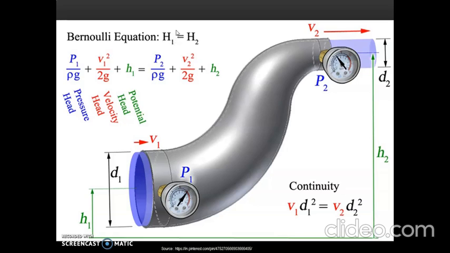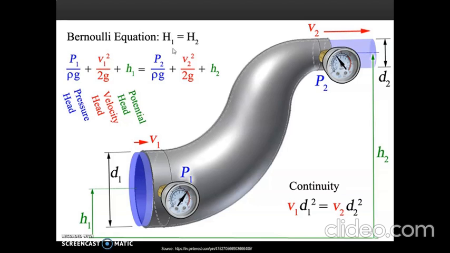So by Bernoulli's equation, the head at section 1 should be equal to the head at section 2. Bernoulli's equation we will discuss in further presentations. As of now, we will check out what are the terms involved in this equation.